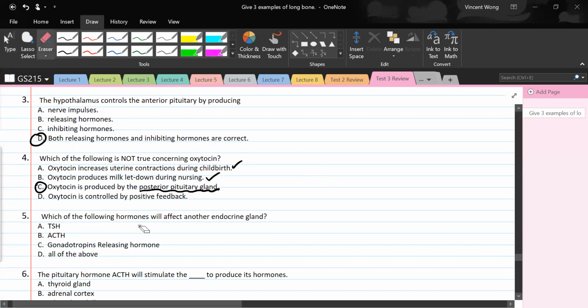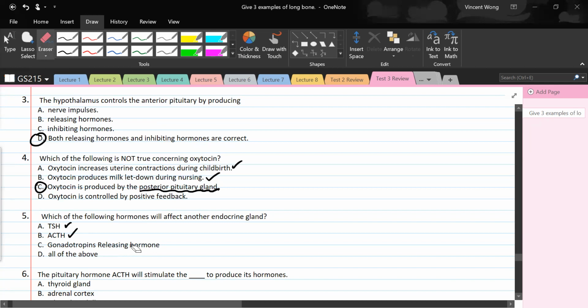Number 5, which of the following hormones will affect another endocrine gland? So basically it is talking about the hormones that will act on one of the glands that is on the list. So TSH, of course, stimulates the thyroid. So that's it. ACTH stimulates the adrenal cortex. That's also it. Right? These are tropic hormones, remember?